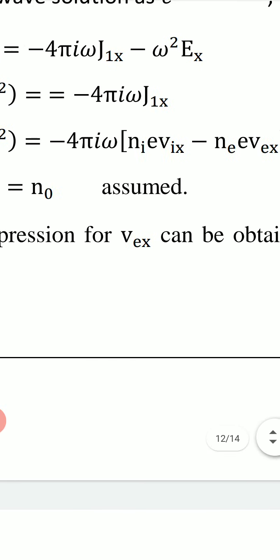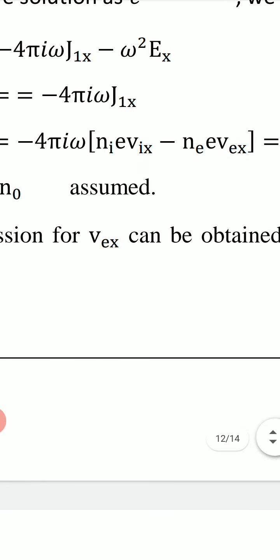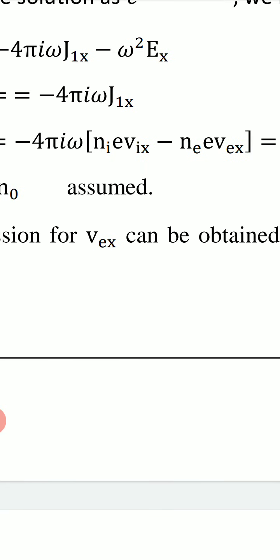and for J1x we have Ni e Vix plus Ne e Vex. Current density is NeV. For ions it is Ni e Vix, x component, and for electrons it is minus NeV, and for electrons we write Ne e Vex. Ni and Ne are ion and electron concentrations.